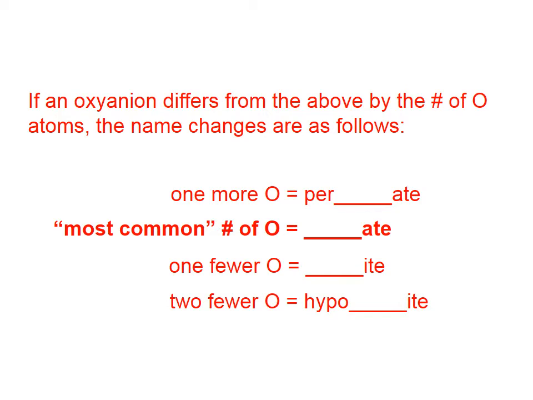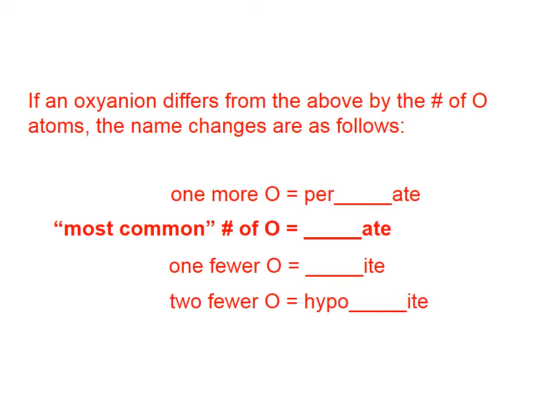That would be right here in the most common. If there's more oxygen than that, if there's one more, then we would say per-ate: persulfate, perphosphate, percarbonate. If there's one fewer, we say -ite: nitrite, or bromite, or iodite.